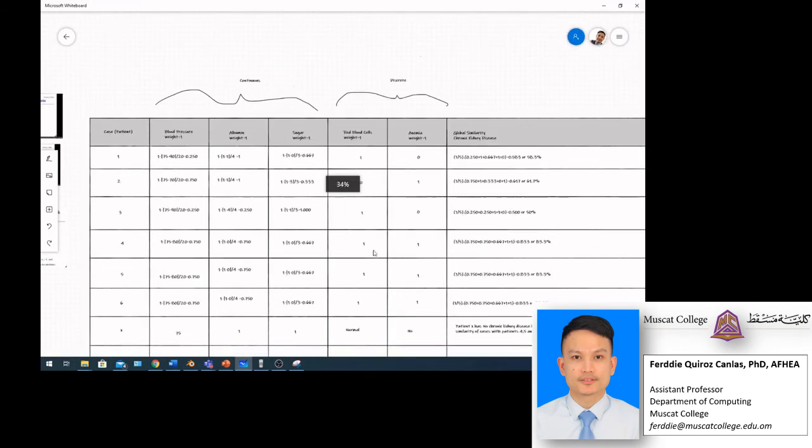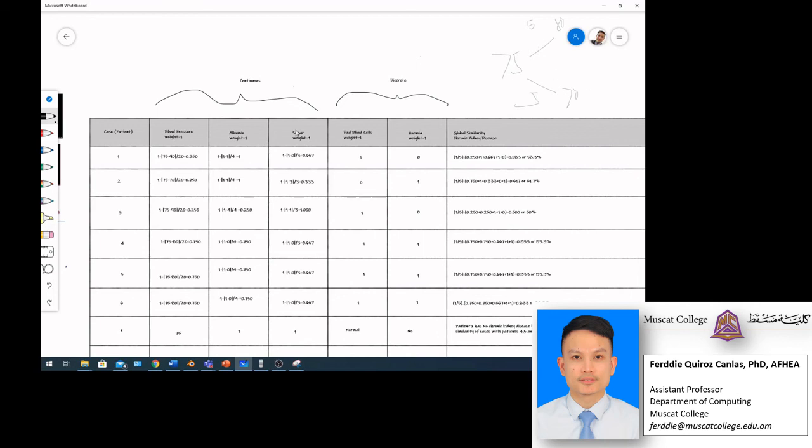So meaning, if my new case is 75, if you're going to analyze it, 80 and 70, what's the difference? The difference between 80 and 75 is 5, and the difference between 70 and 75 is also 5.